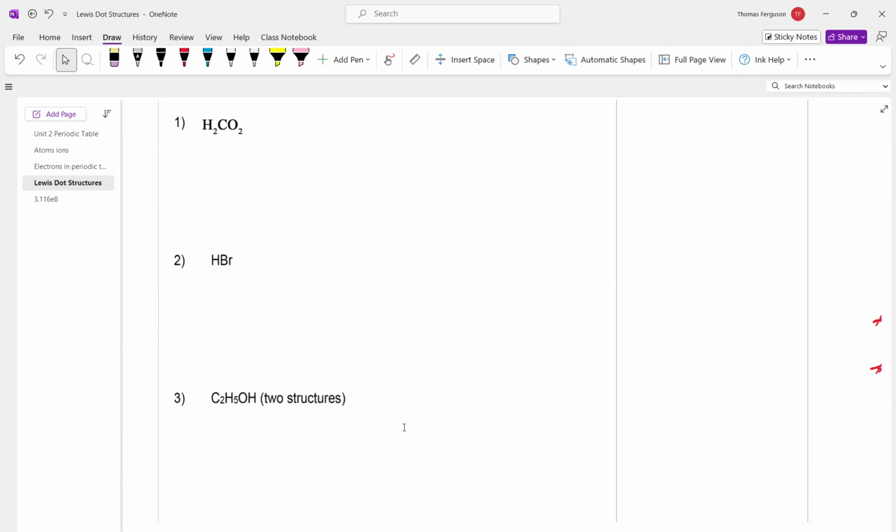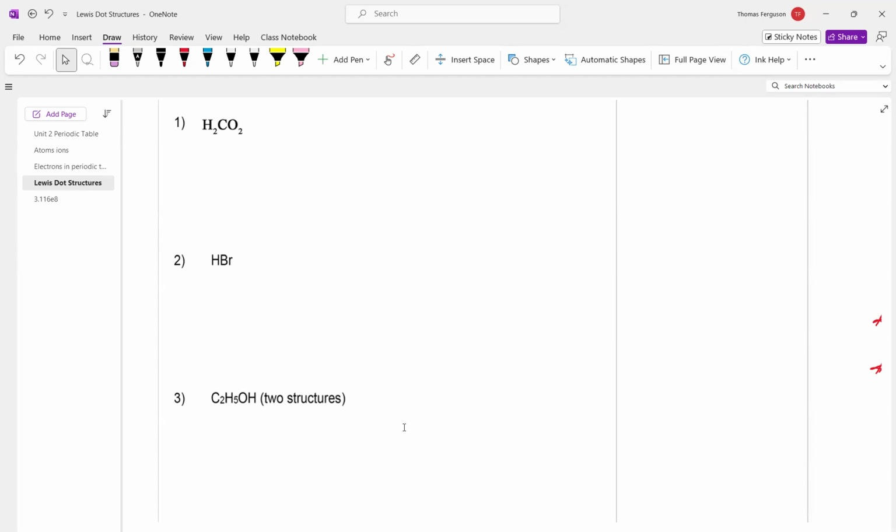S is underneath oxygen, right here: oxygen, sulfur. Now, the problem with sulfur is it's in shell 3.